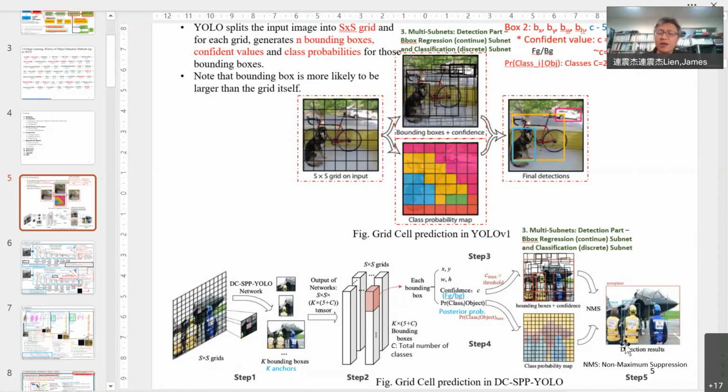Finally, we hope the final result will be precise bounding boxes. There are 3 persons, and one is the aircraft. So this is basically the roadmap or framework for YOLO.